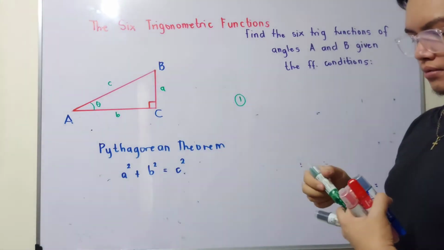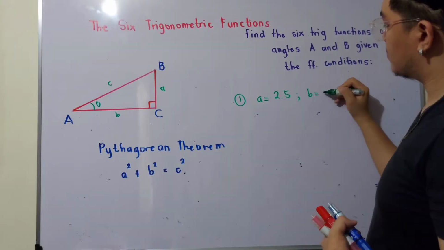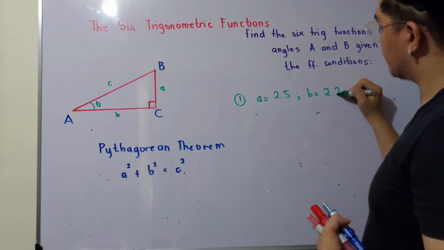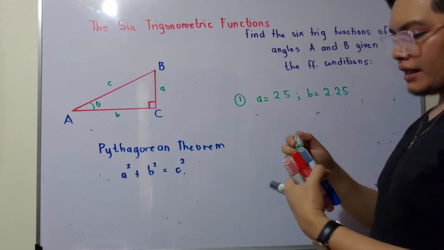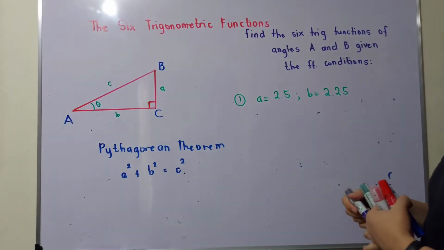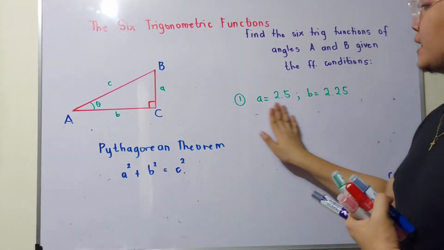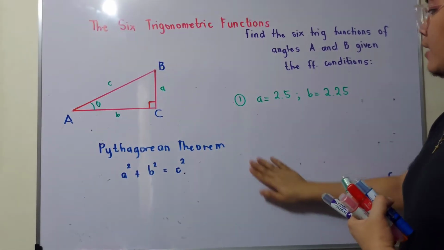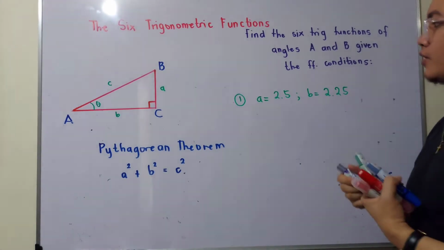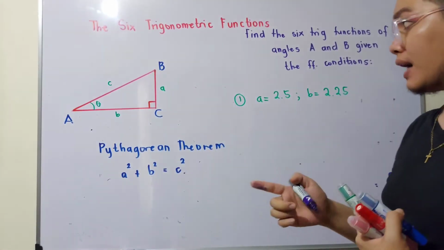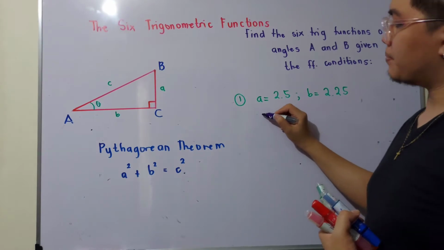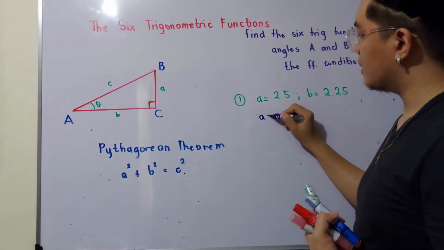A is equal to 2.5, B is equal to 2.25. Okay, so pag ganito, ang hahanapin muna natin ay of course yung C, yung hypotenuse. But, nakadecimal tayo, it is best na gawin munang fraction.